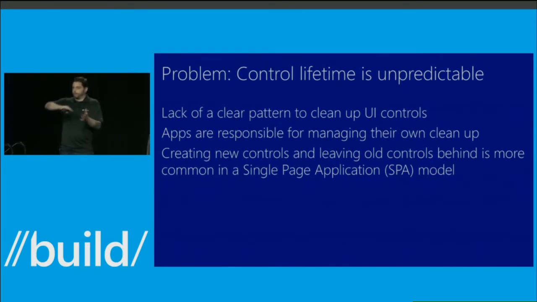Instead of doing a full page refresh where you get a whole new context, the problem is that we're loading in large trees of UI elements and removing large trees of UI elements. And if we're not diligent about severing connections and references between those UI elements, we can lead to memory leaks. And so sometimes that can be really hard to manage.